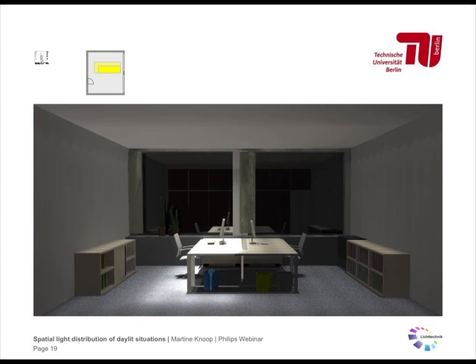And here you can see the lighting solution with directed light, offering the possibility to focus on the task area, have a lighting level on average of 500 lux here, then have the surrounding area here with a lower light level, for example 300 lux, and here the background area with 100 or 200 lux. That's possible with directed lighting. At the same time, you can see from this slide already that the room appearance of this room changes as well.